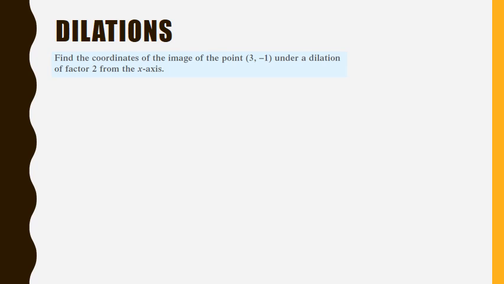Okay, so find the coordinates of an image of a point (3, -1) on the dilation of factor 2 from the x-axis. So remember, if it's from the x-axis, change it to parallel to the y-axis. So what that means is our matrix is going to be based on multiplying the y.